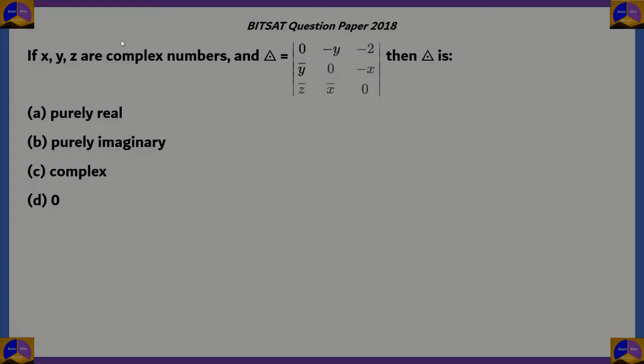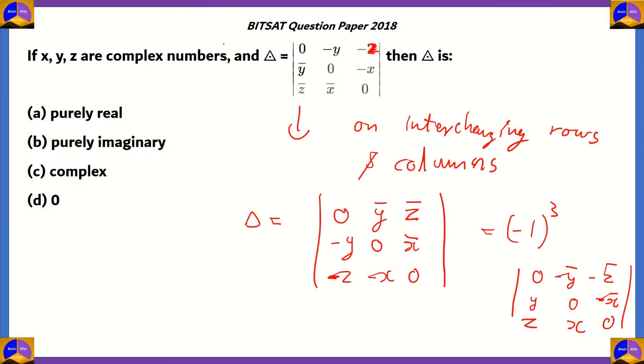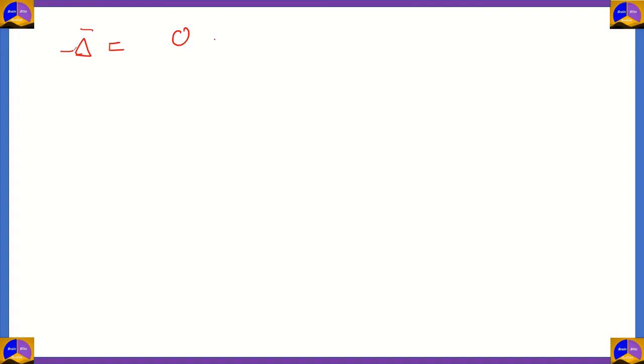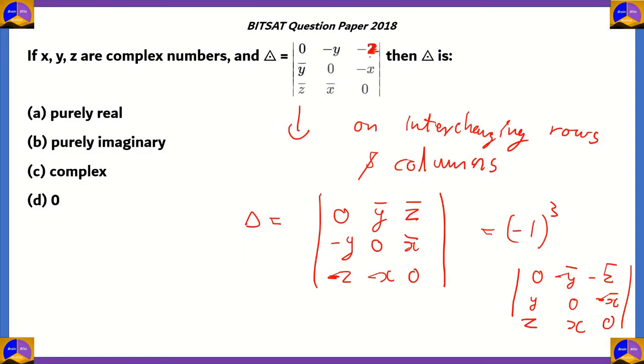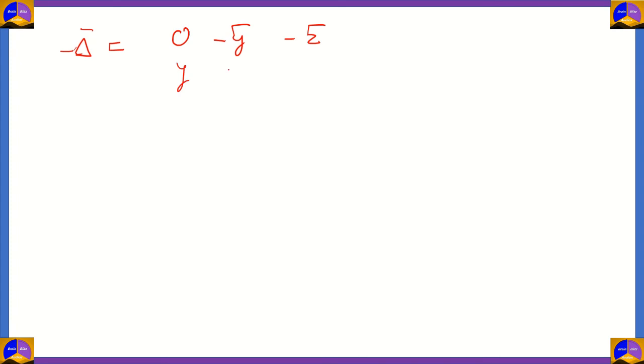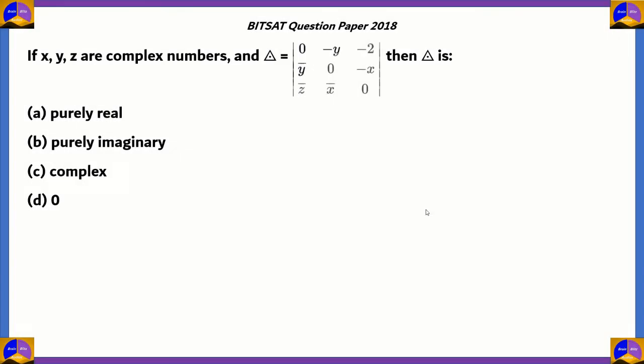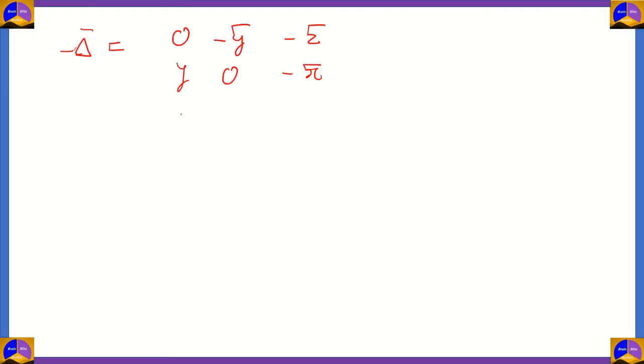And so therefore minus 1 the whole cube is still minus 1, so minus delta dash is equal to that determinant.